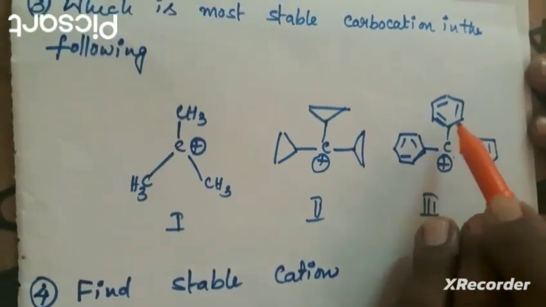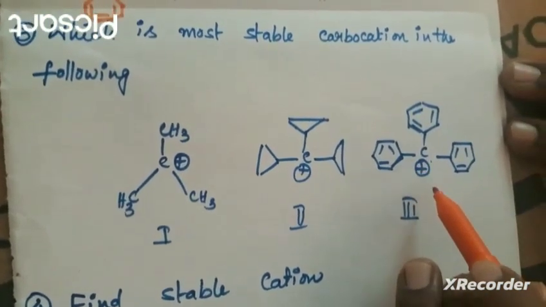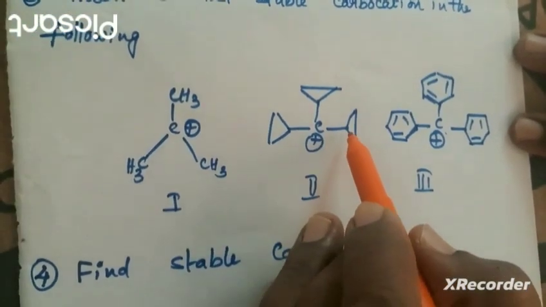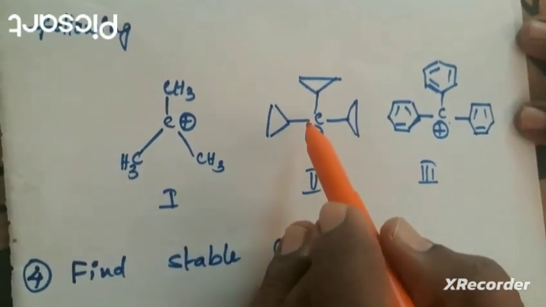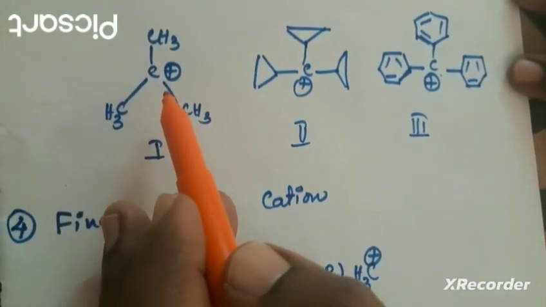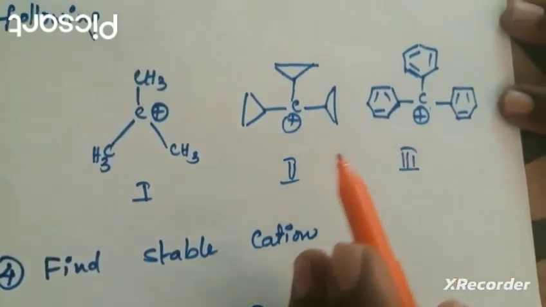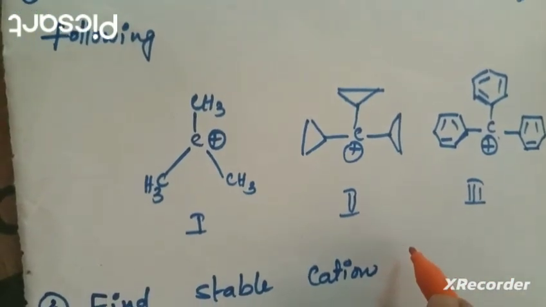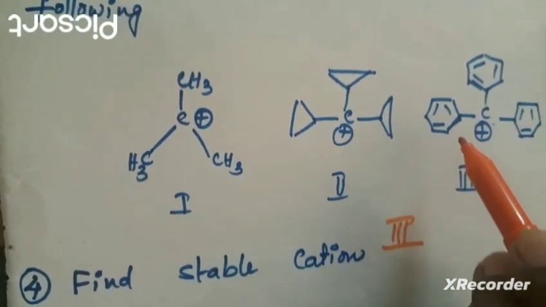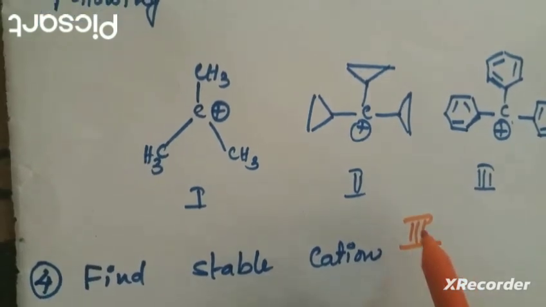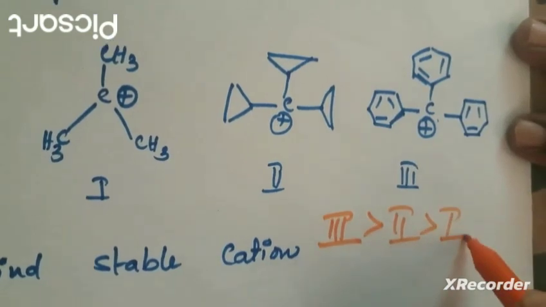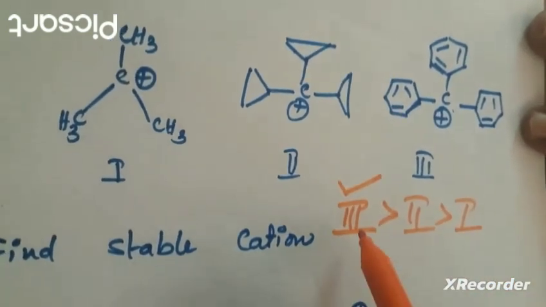Here you can see the triphenyl methyl carbocation, then the second one, the tricyclopropyl methyl carbocation, then the trimethyl methyl carbocation. The first is the most stable carbocation because it has 9 resonance structures. So the first is most stable, then second, then third.